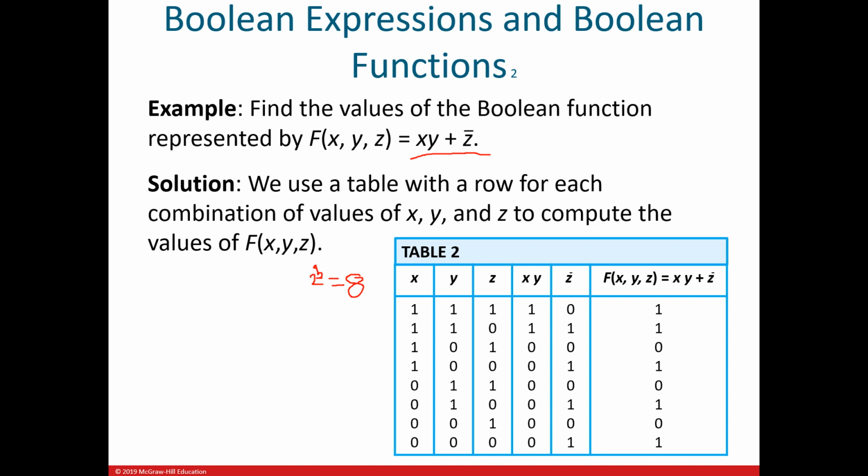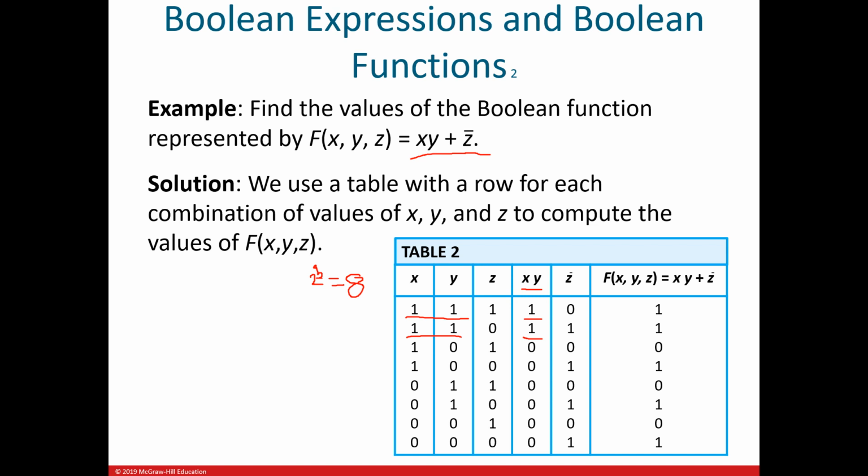We get these 8 different possibilities. Now the first thing we need to do is the product of xy, which is similar to AND. Whenever x and y are both 1, xy is going to be 1. So in the first row, x and y are both 1, so this is 1. Again in the second row, x and y are both 1, so the second row is 1.